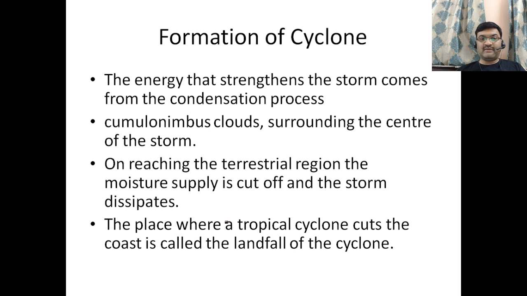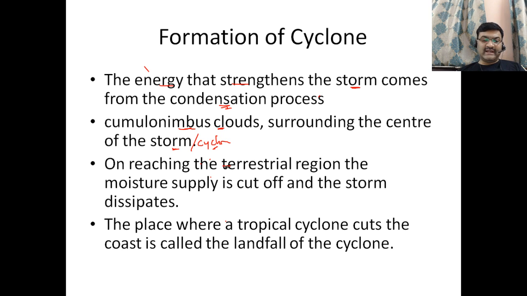See this, the formation of the cyclone. Some points I have already explained. Let us look into the energy that strengthens the cyclone or storm. It comes from the condensation process. The cumulonimbus cloud forms the center of the cyclone. Storm here means cyclone.